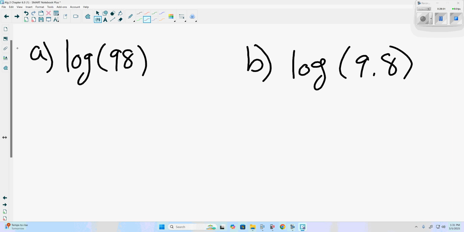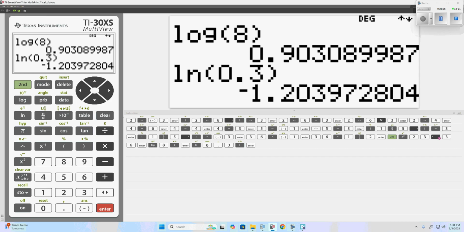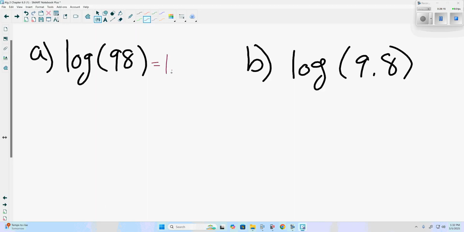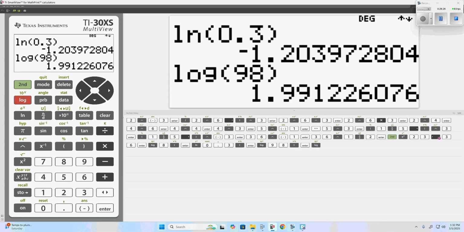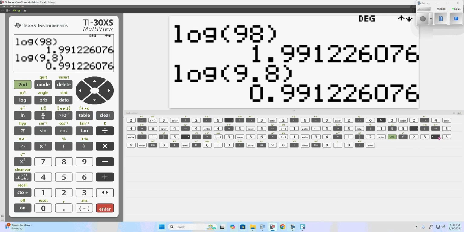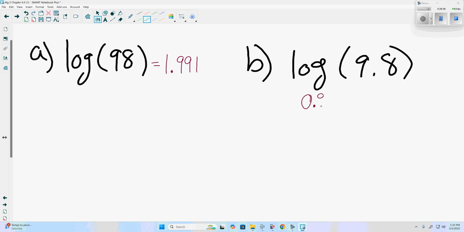Log of 98. Log 98 is 1.9912, so 1.991. Let's see what log of 9.8 is. 0.991. Questions on this here?